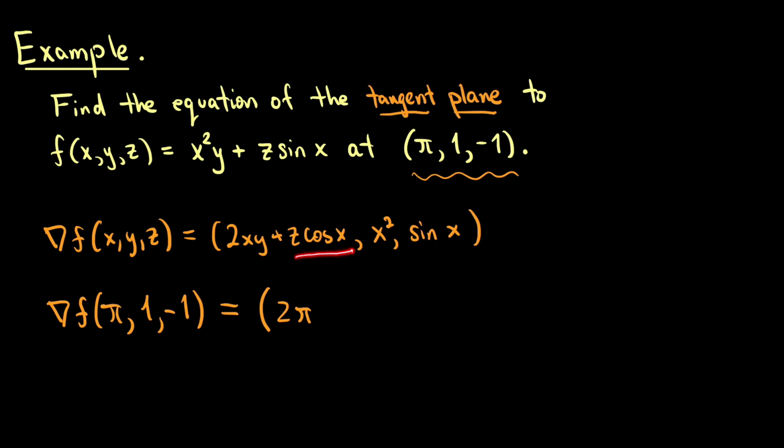When x is pi, cosine is minus 1. So I get minus 1 times minus 1, which is plus 1. X squared is pi squared. And sine x is 0 when x is pi. Okay, so this is the gradient.